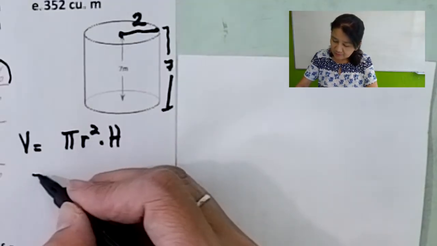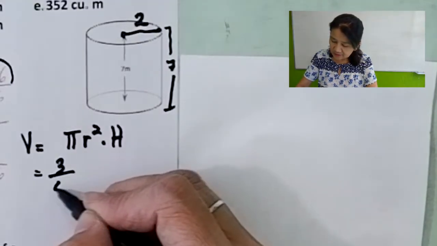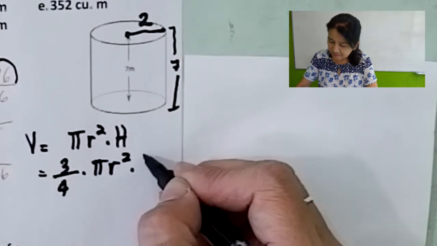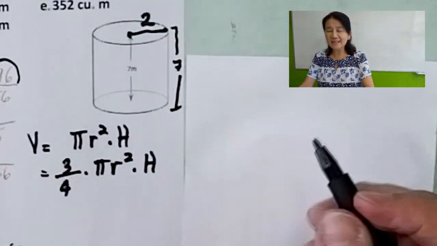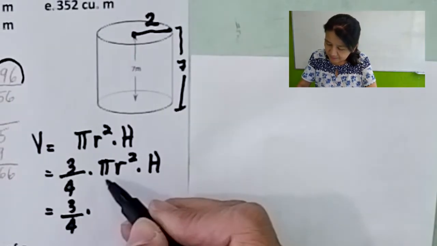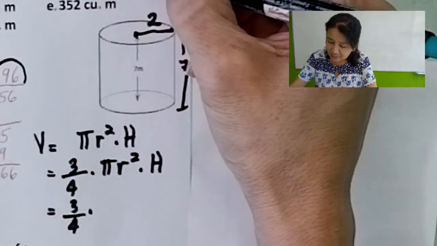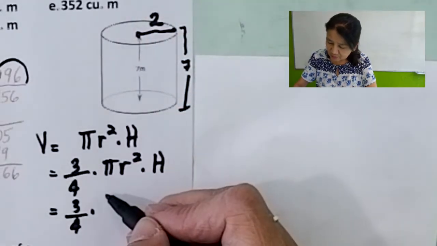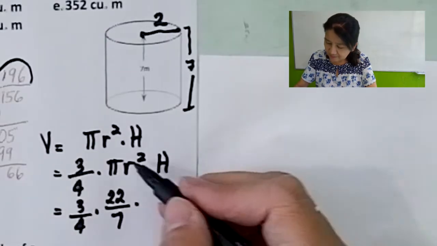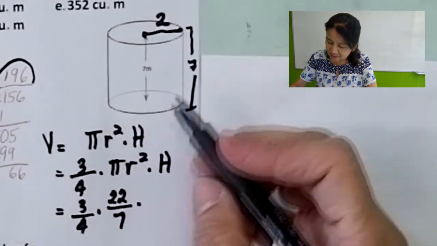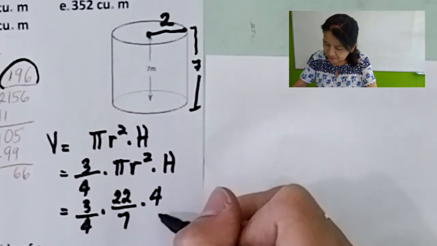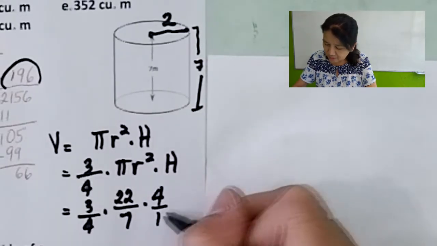So we're only going to consider 3/4 of pi r squared h. Plug in the values. So you have here 3/4 pi. It says in the problem that we have to use 22/7. Substitute 22/7. R squared, your r is 2. 2 times 2 is 4/1.